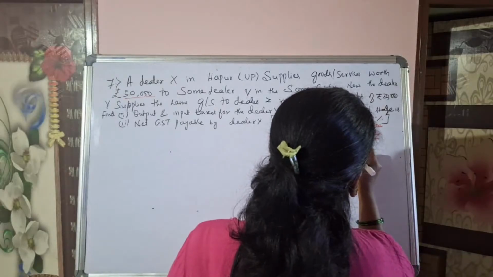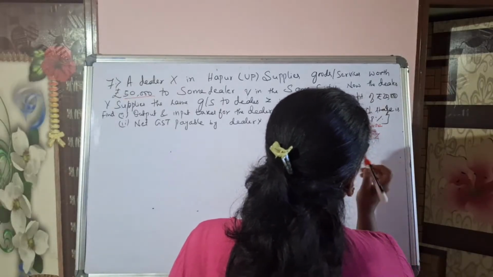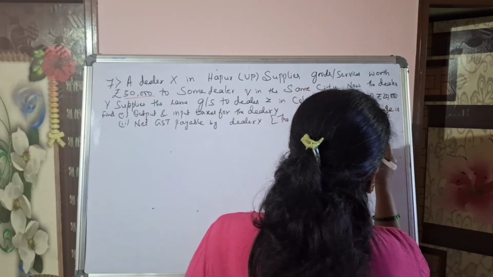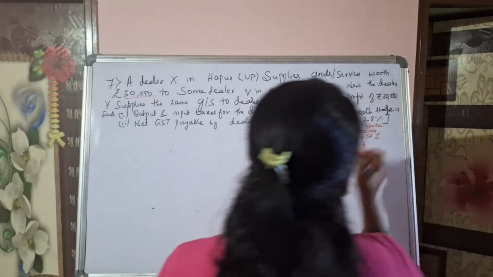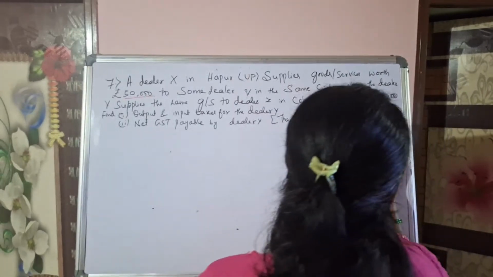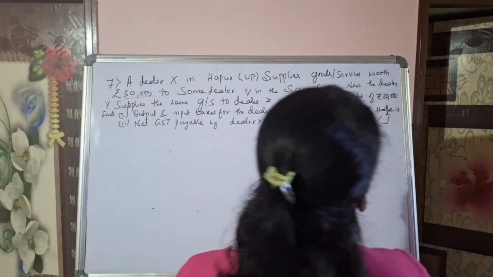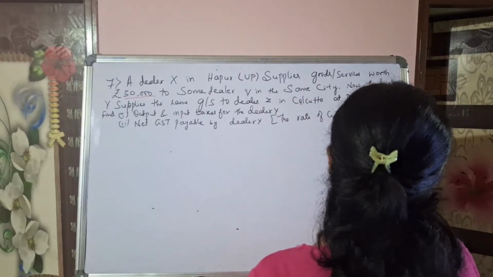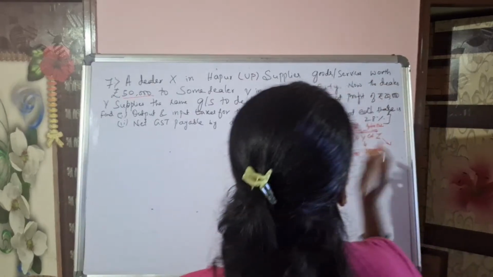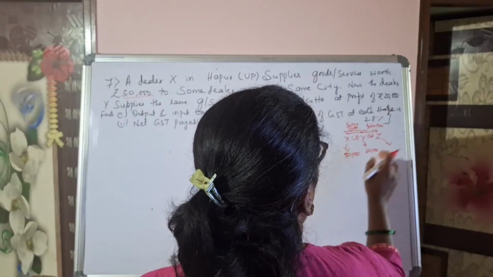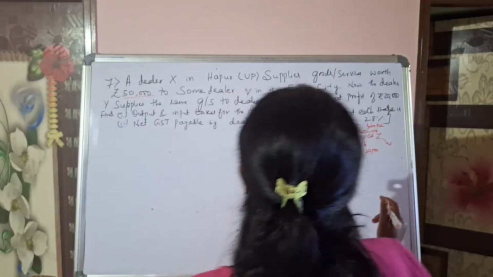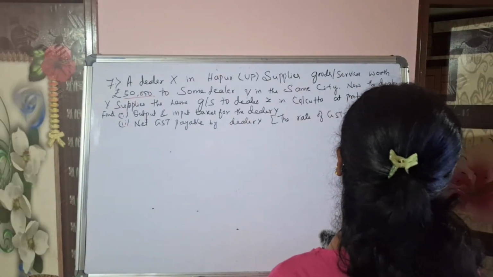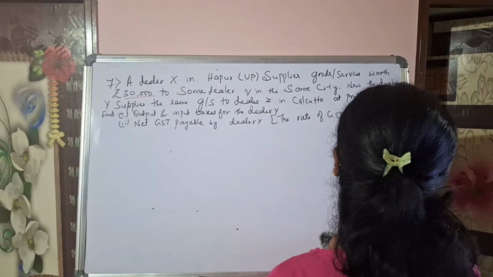X sells some goods and services to Y at cost price 50,000 and Y earns a profit of 20,000 and then sells the same goods and services to Z with a profit of 20,000. That means the cost price for Z is 50 plus 20, that is 70,000.